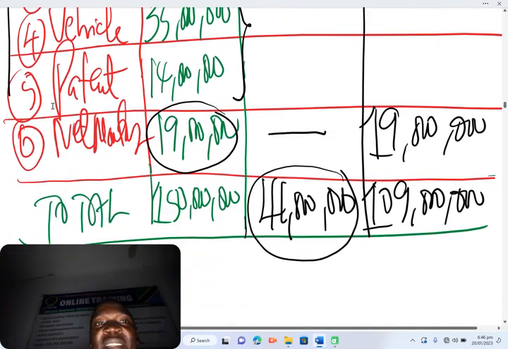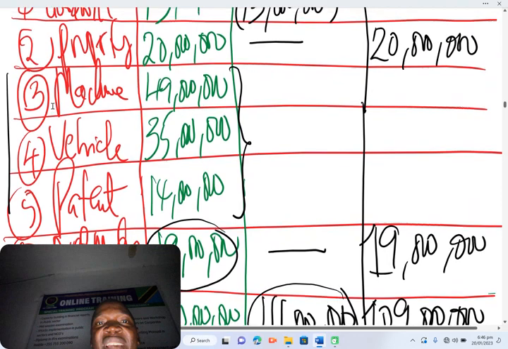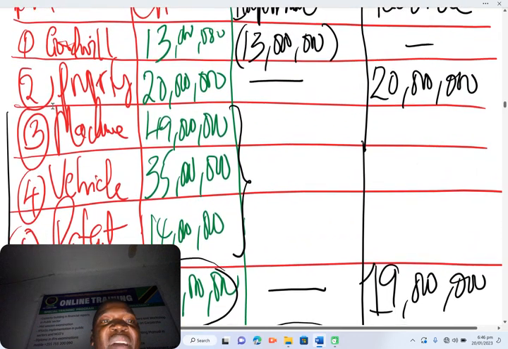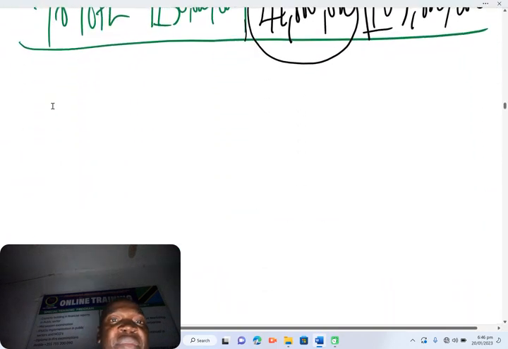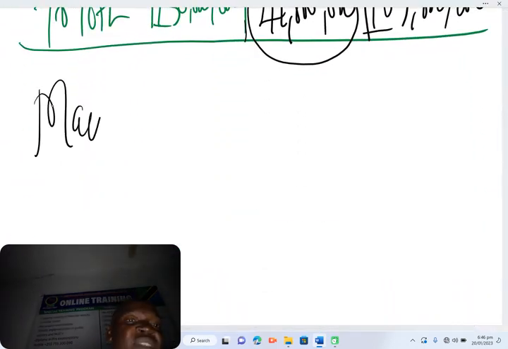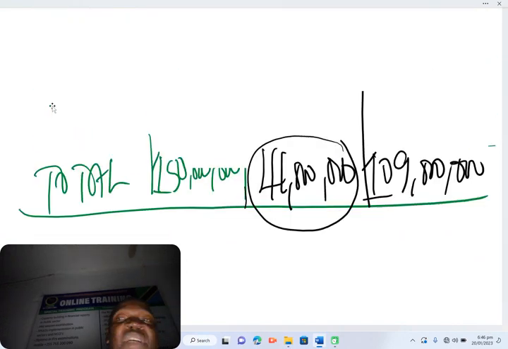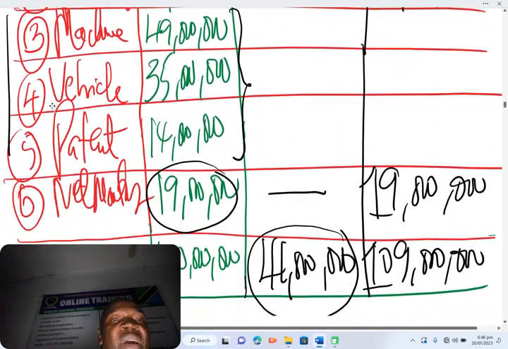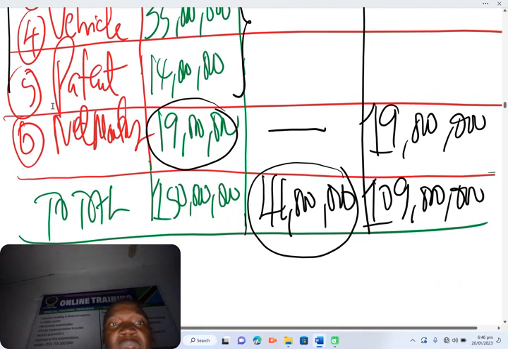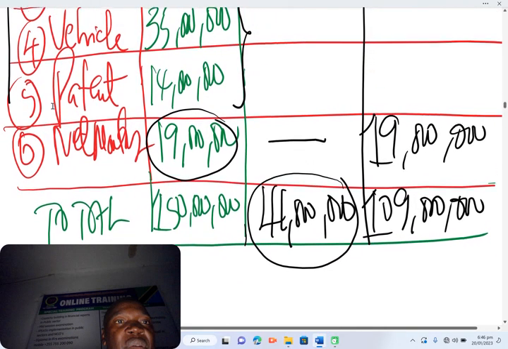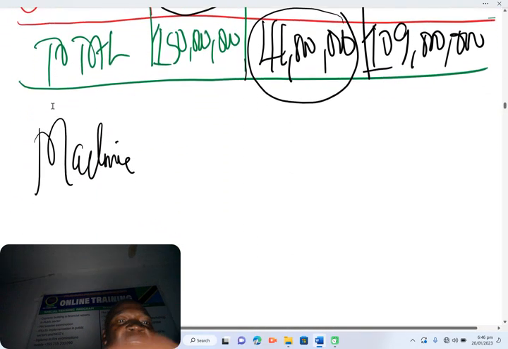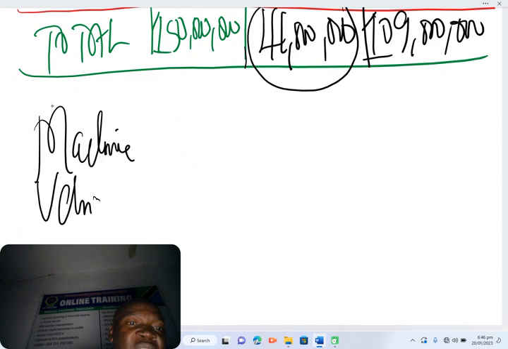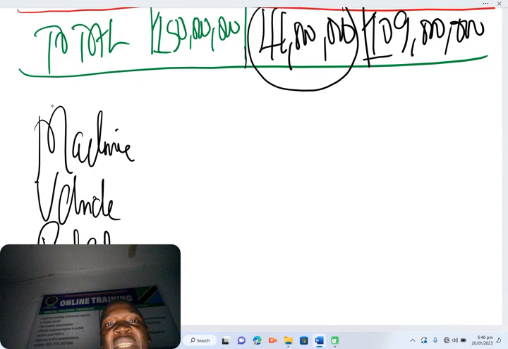This is the property, yes. And we have the vehicle, and then the patent.